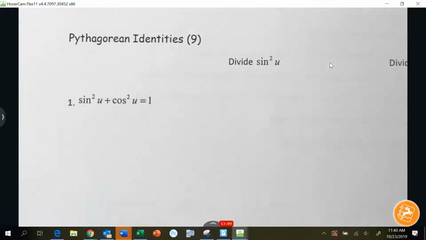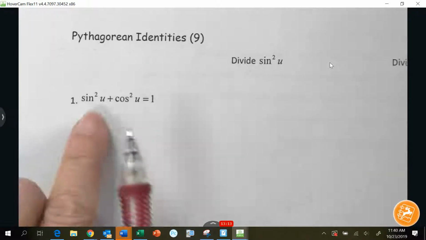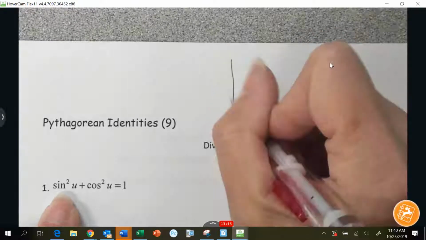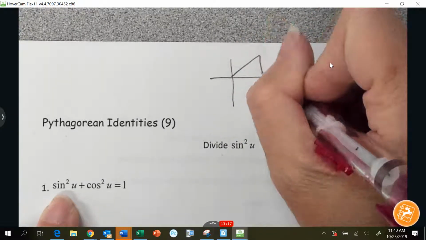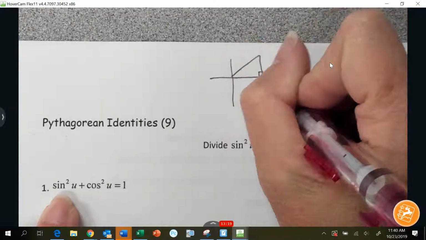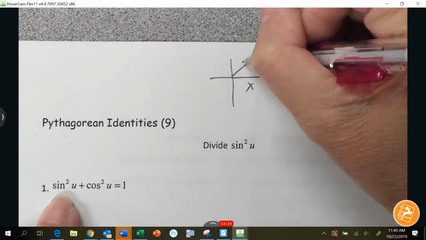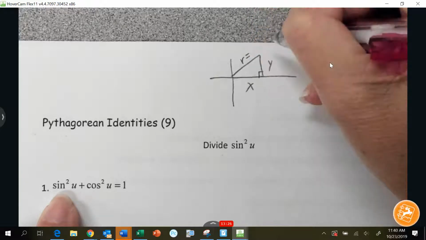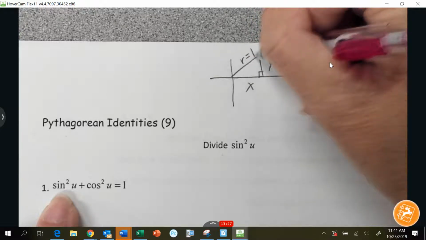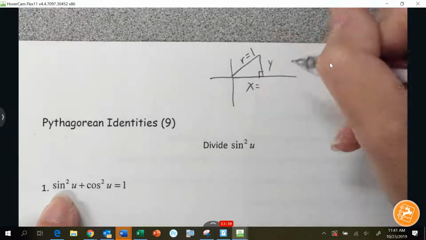So Pythagorean identities. Those are called Pythagorean identities because, let's go back to the unit circle. If I have a triangle on the unit circle, this is x, this is y, this is r, but if it's the unit circle, what is r? 1. If it's the unit circle, what's x?